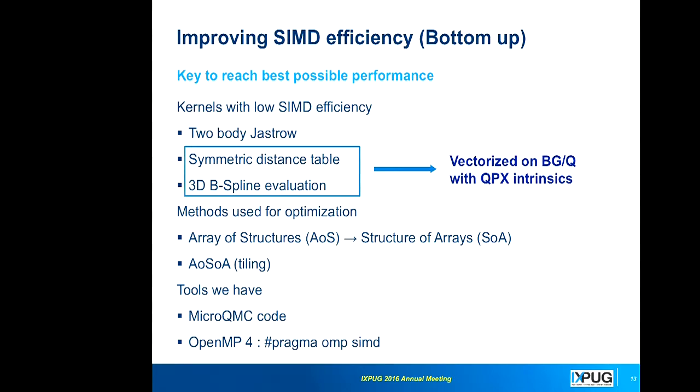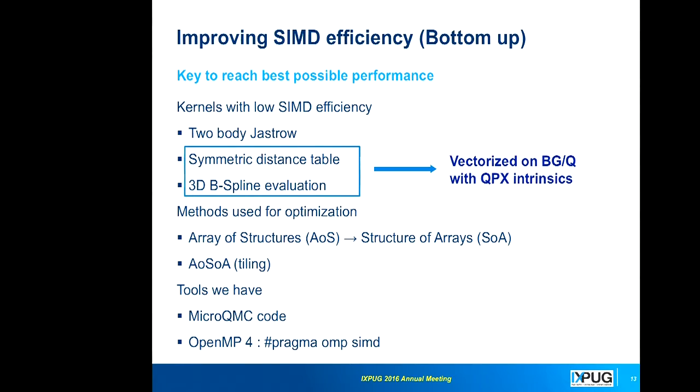The main method is to change the array of structures to structure of arrays, which we actually used in the BGQ implementation, but this time we go beyond that. Then we also introduce the array of structures of arrays. So it's tiling. I will explain the details of this optimization later.